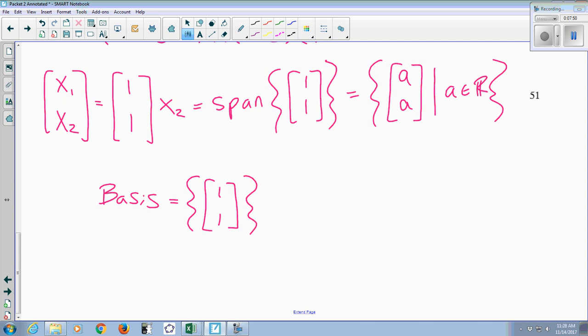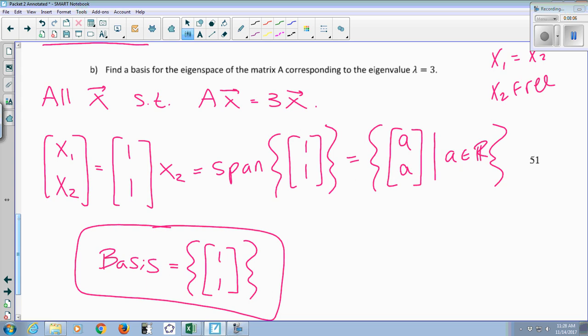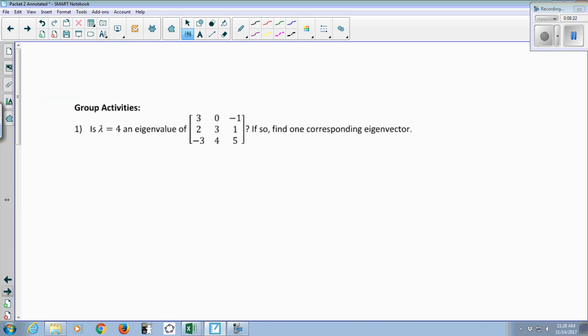That's a linearly independent spanning set. So (1, 1) is definitely a spanning set, and a single vector is always linearly independent, so that's my basis. That's actually how they asked me to write the eigenspace, was to give a basis. Typically, I'll say describe the eigenspace in an appropriate way. You can give any of those answers. All right, that's it.